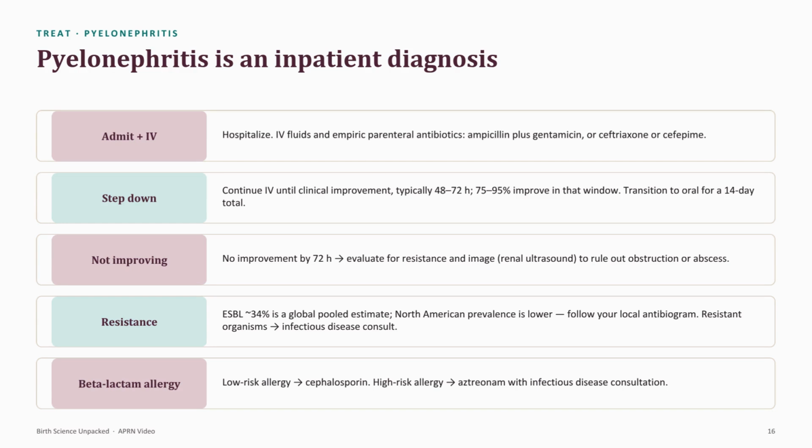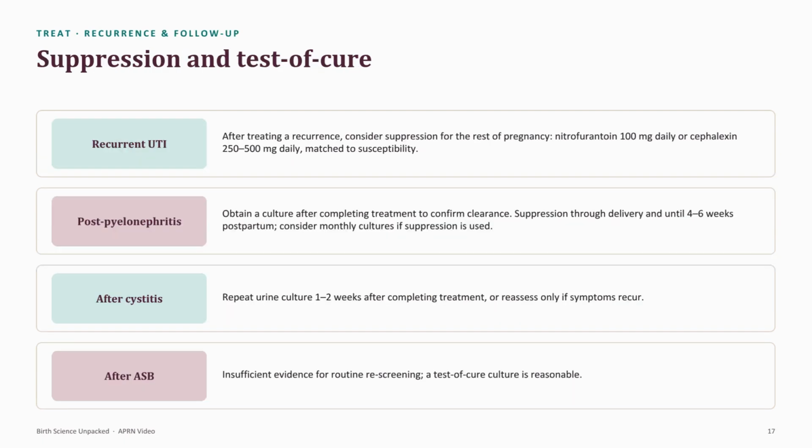For a high-risk beta-lactam allergy, the pathway is aztreonam with infectious disease consultation. A low-risk allergy allows a cephalosporin. So let's close the loop. After a recurrence, suppression for the rest of pregnancy is reasonable: low-dose nitro or cephalexin matched, of course, to the organism.